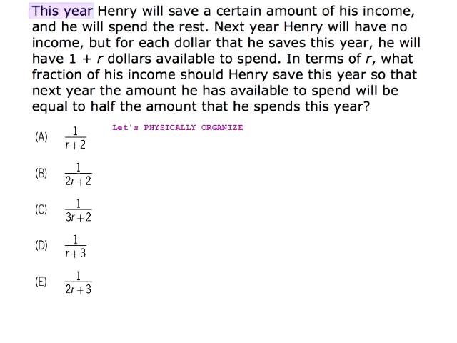So this year we have an amount that is saved and an amount that is spent. And then next year it's a totally different scenario. We're not going to be able to make rows and columns here because there's no saving and spending. There's spending, but there's an available amount. For each dollar he saved, we already have that.